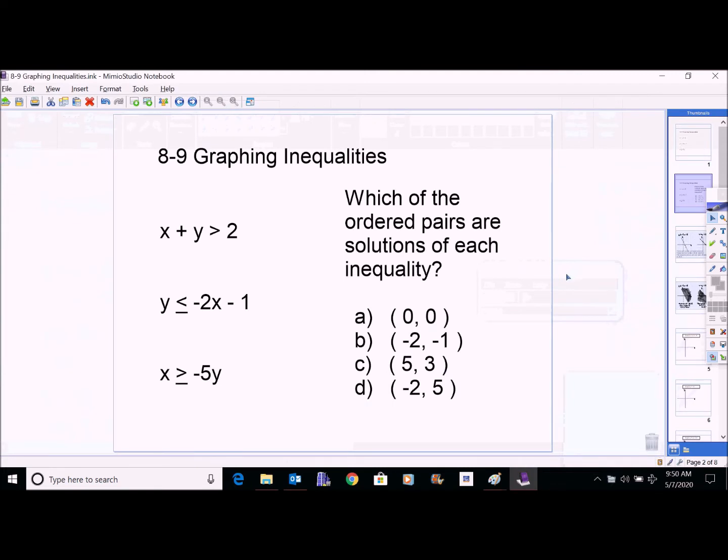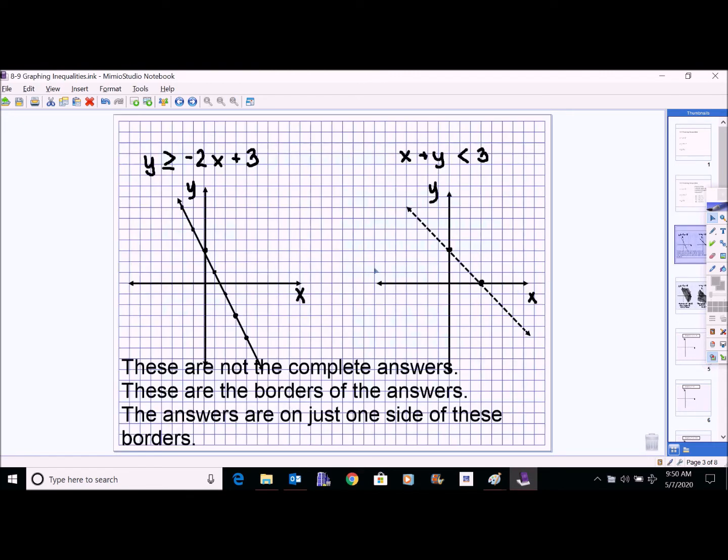Okay, so now we know the long way of figuring out which is a solution, but that's not acceptable for being able to do a whole bunch of different problems all at once. So what we need to do is make a graph of inequalities so that we can find out where the solutions live.